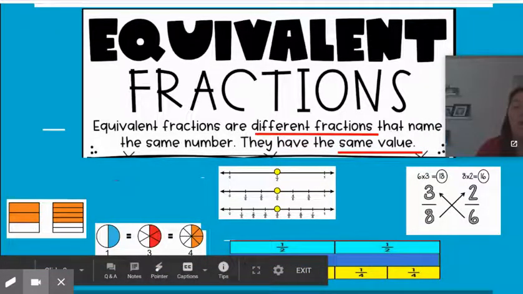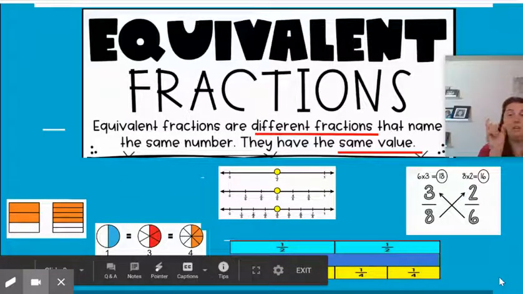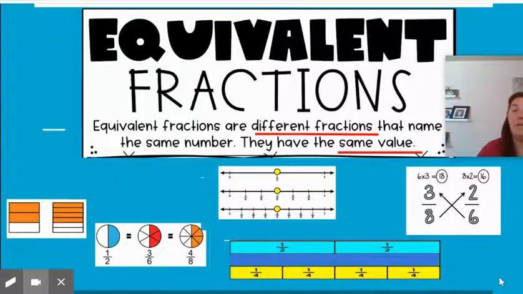So hopefully all of those areas make sense. Remember, you can watch this video as many times or even a chunk of the video that you need to. But basically, equivalent fractions, you're looking to see, is it the same amount? Does it get me the same spot on a number line? Does it get me to fill up the same area of a shape? And of course, you can use those fireworks to check it out.